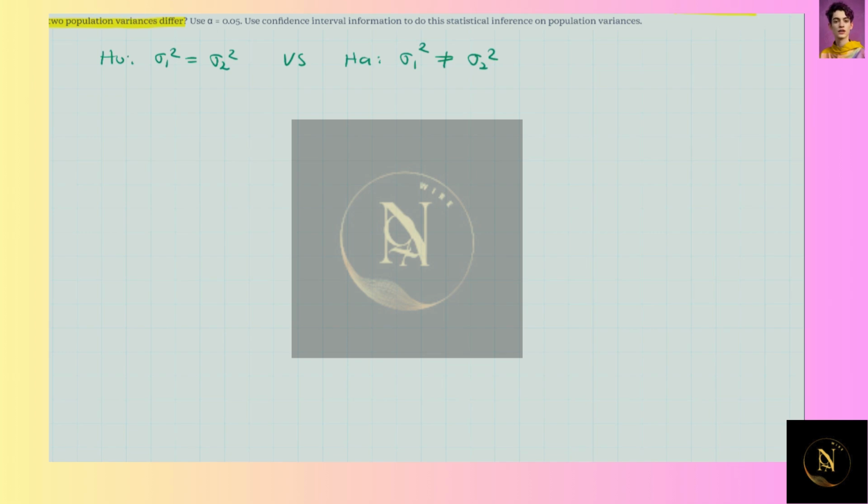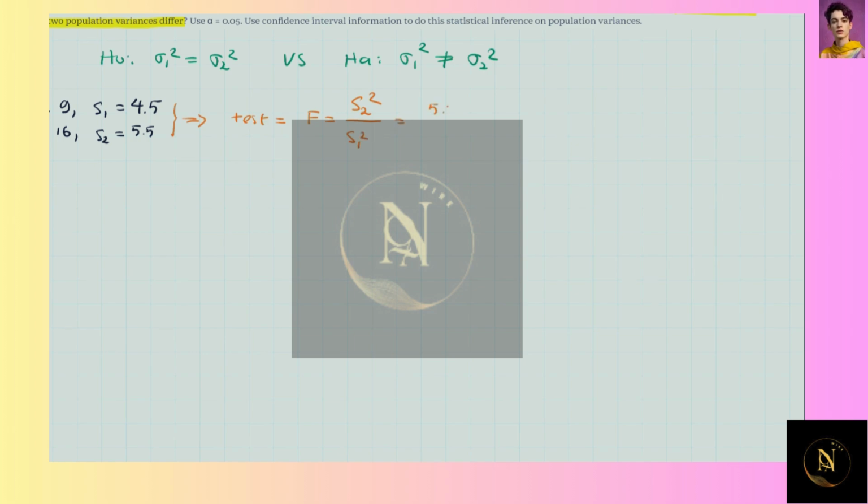And in this question, we're given n1 equal to 9, s1 equal to 4.5, n2 equal to 16, and s2 equal to 5.5. Now, from this information, we will be able to find the test statistic denoted by F, and the formula will be the bigger s, s2 square, divided by the smaller one, s1 square.